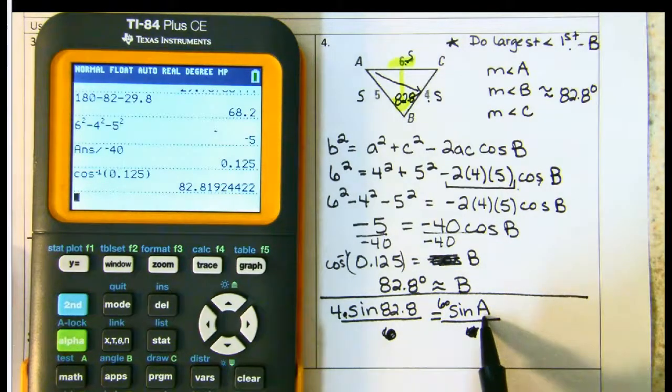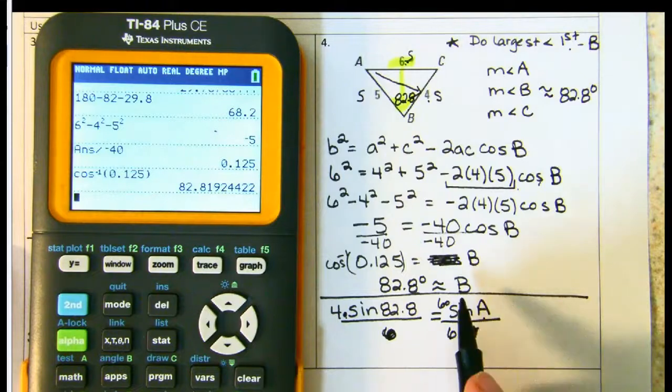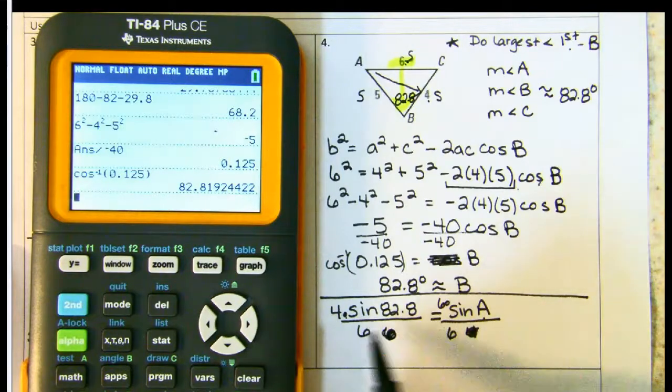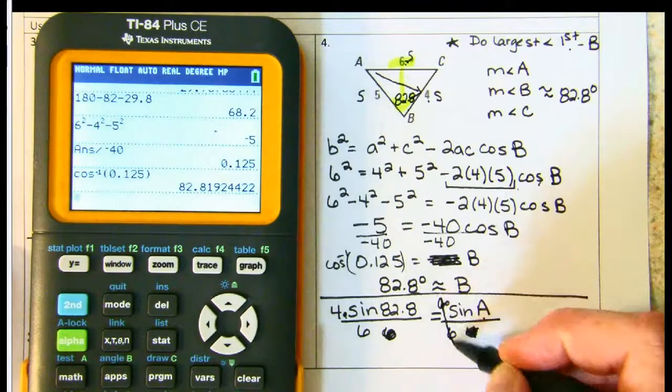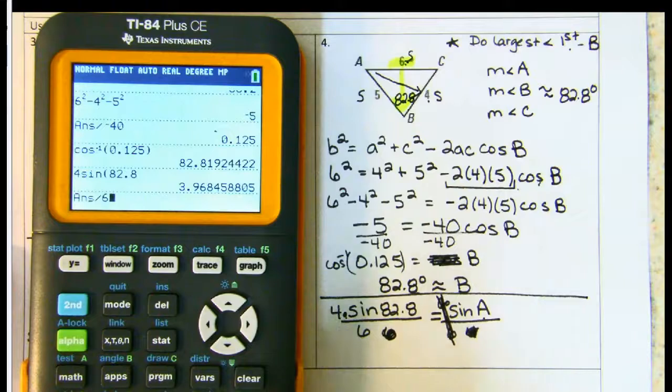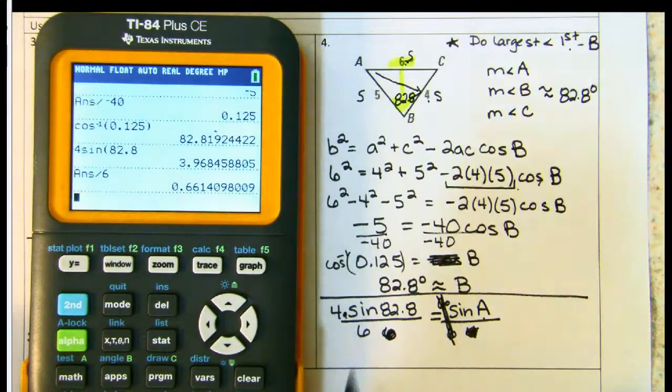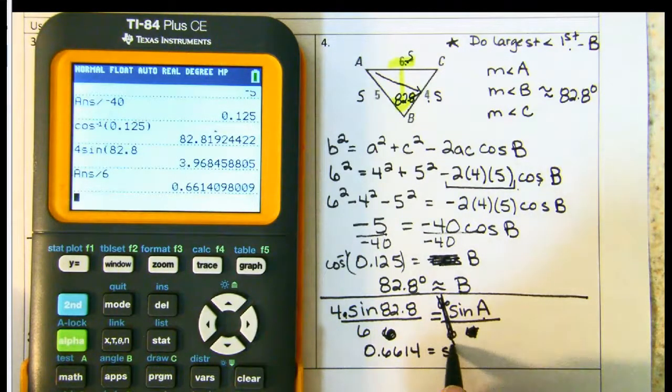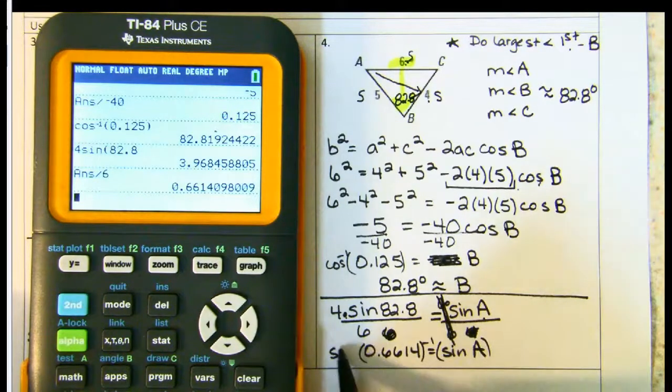To get sine A by itself, I'm going to divide by 6 on both sides, so these go away. So I've got 4 sine 82.8 divided by 6, and that's going to give me 0.6614 equals sine A.